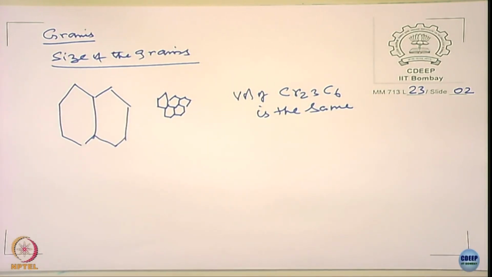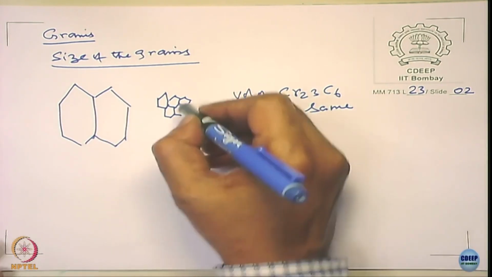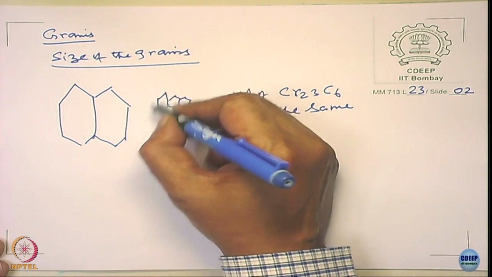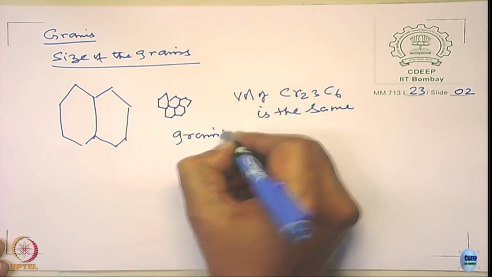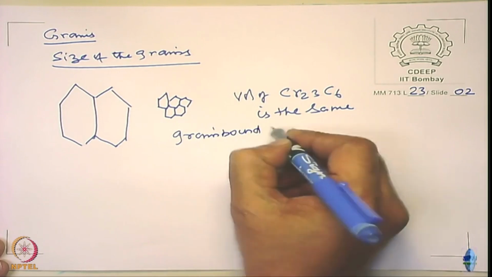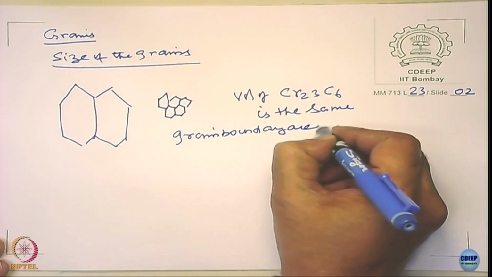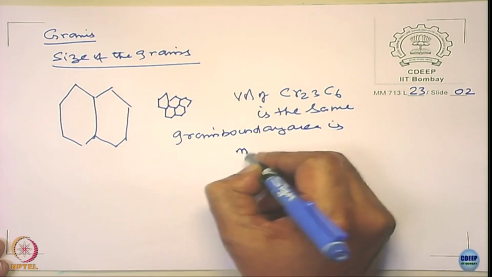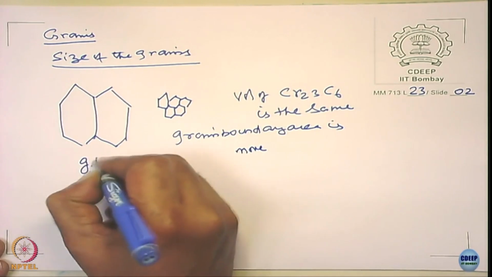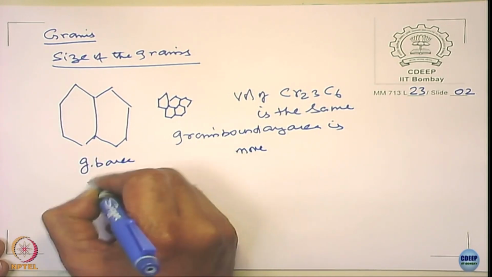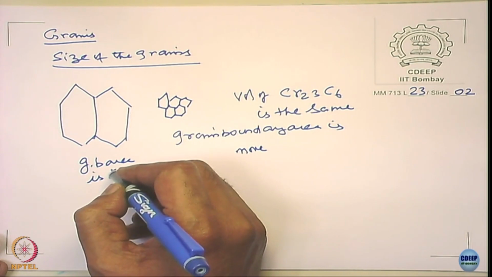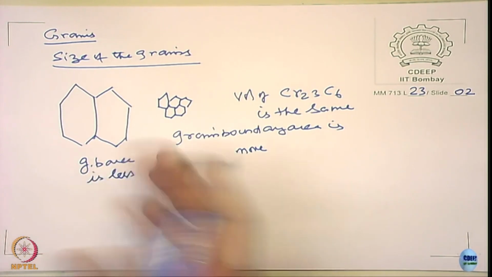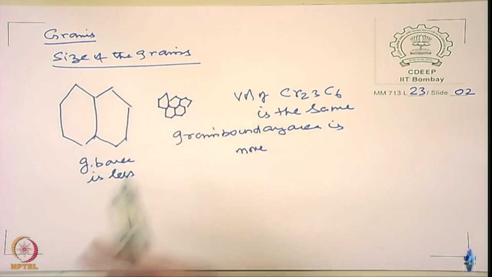So what happens? If you look at here, the overall grain boundary area in this one is more, and in this one the grain boundary area is less. Am I right? If you calculate the grain boundary area, you might have studied this in ASTM grain size.